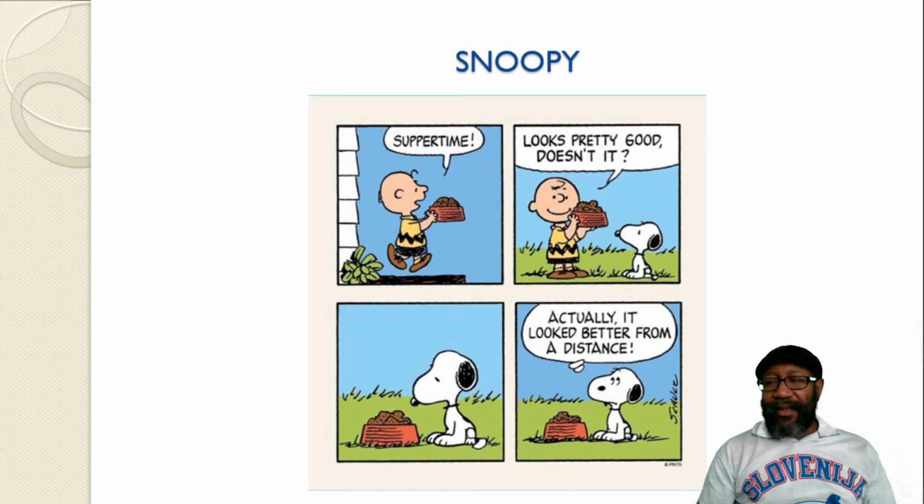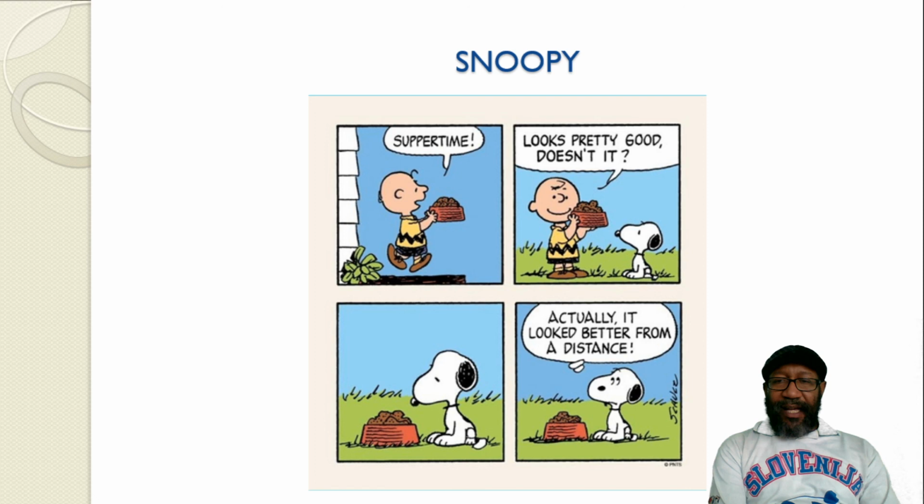Looks pretty good, doesn't it? So you see here, he's using the question tag. The first statement is affirmative, so the question tag is negative. And you see the structure is not complete, because "looks pretty good, doesn't it?" doesn't say "it looks pretty good" or "the food looks pretty good," but we can understand from the context too.